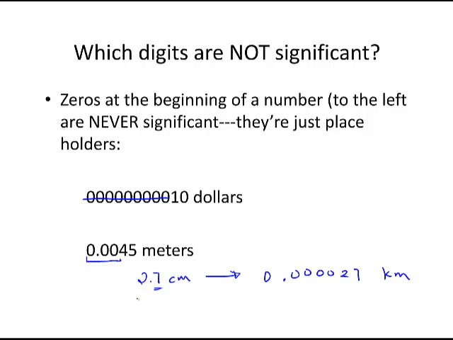Now, over here, we measured two significant figures. Over here, have we really measured it any more precisely? No, we've still just measured two digits, the 2 and the 7. The other zeros just serve as necessary space holders to show us where the decimal point goes.